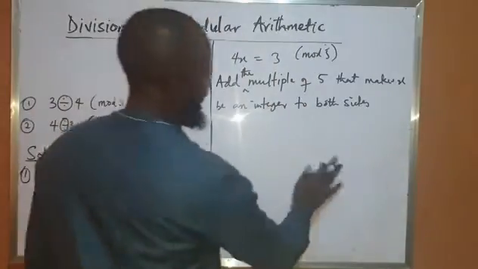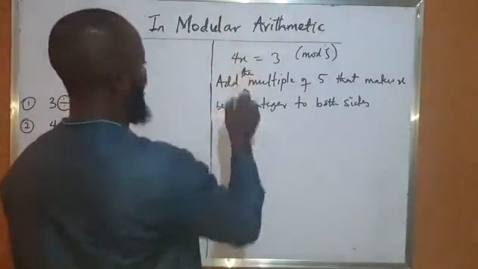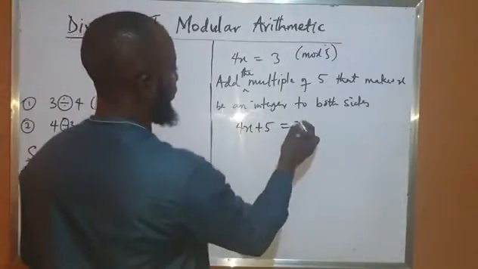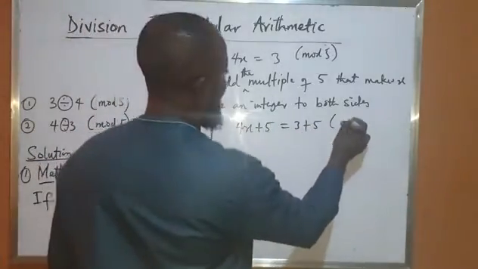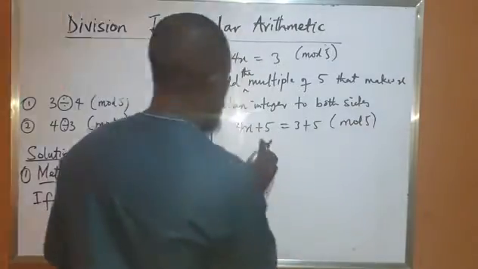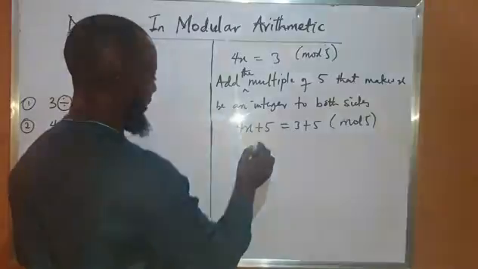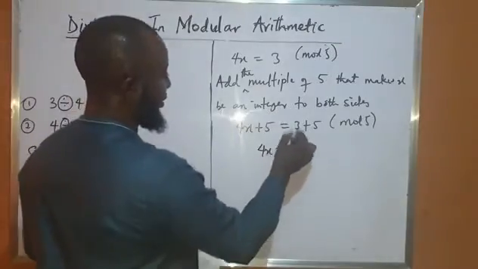Let's use 5 first and see if it's going to work out. So 5 in mod 5 gives 0, since 5 divided by 5 gives 0. So we have 4x left here equals what?